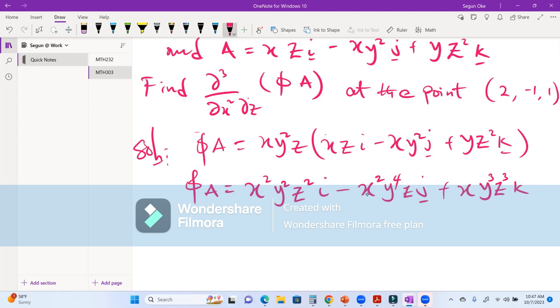So we can now say we want to differentiate. Remember, we have to find the d squared dx dz of phi a. It's the same thing as d dx of d dz of phi a.